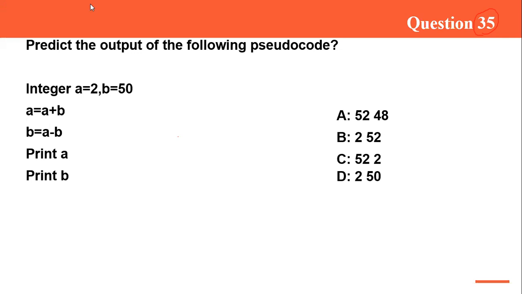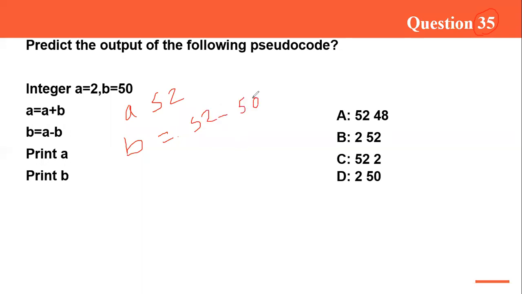Okay, cool, super. I hope everyone got option C as the answer. If any doubts, let me know. But I think it's a very easy thing, right? We have A is equal to A plus B. That means A value will be 2 plus 50, so A becomes 52. Then B is equal to A minus B, where the current A value is 52. 52 minus B value 50.